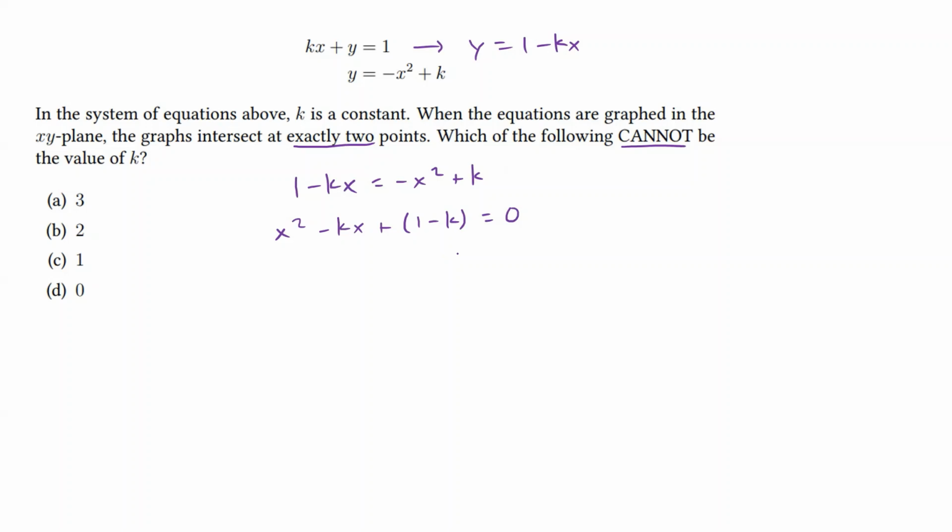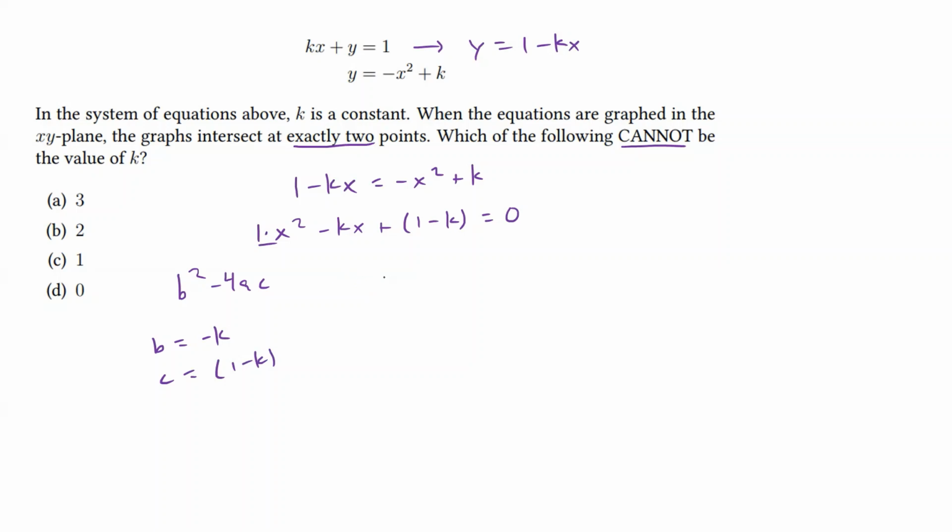We want the discriminant to be positive in order for there to be exactly 2 solutions x. The discriminant is b squared minus 4ac, where b is minus k, c is 1 minus k, and a is simply 1 because we don't have a different coefficient in front of x squared.